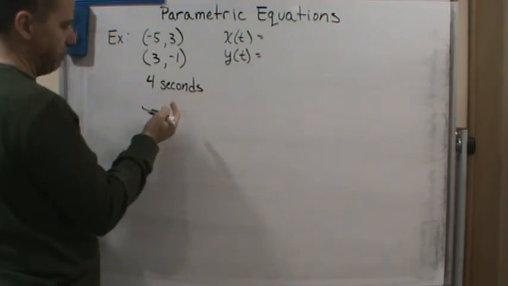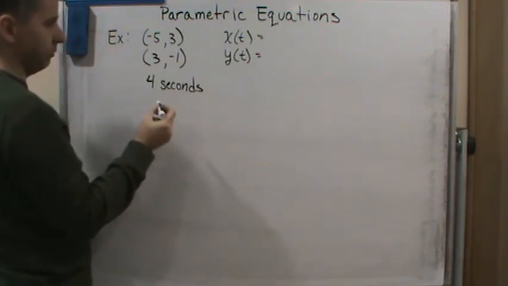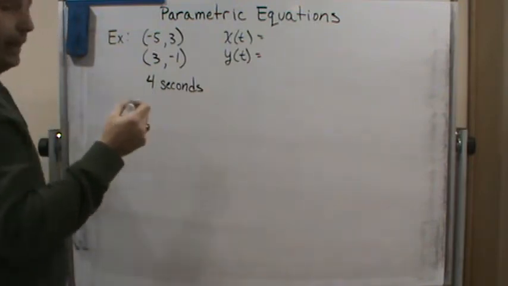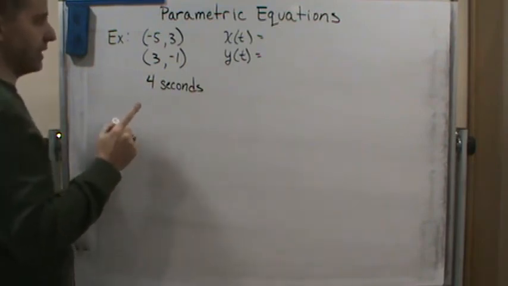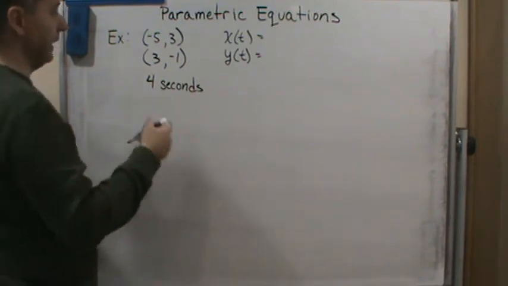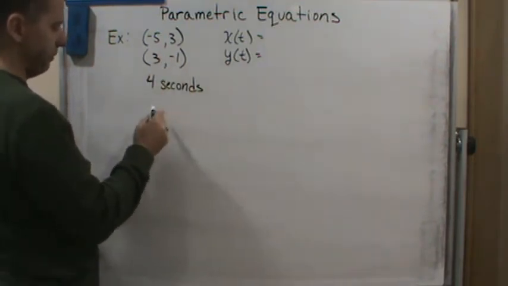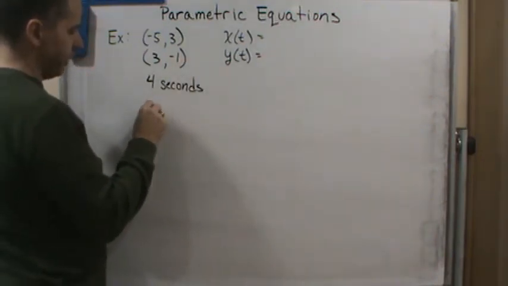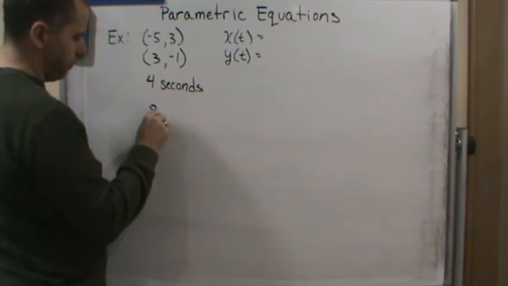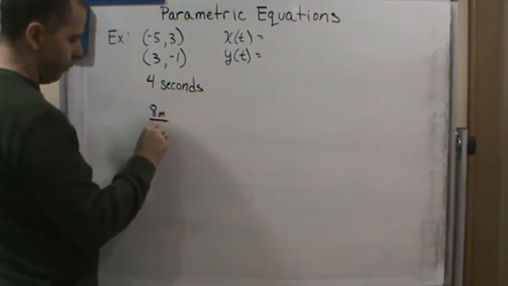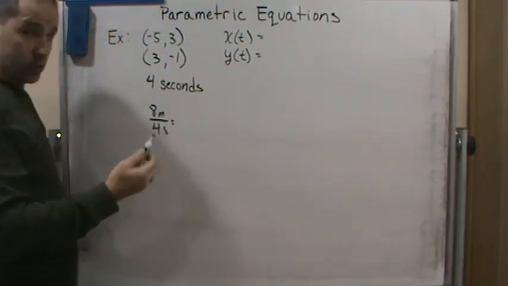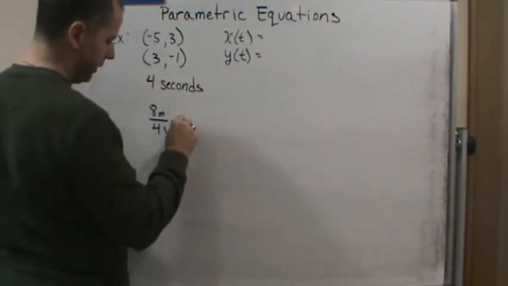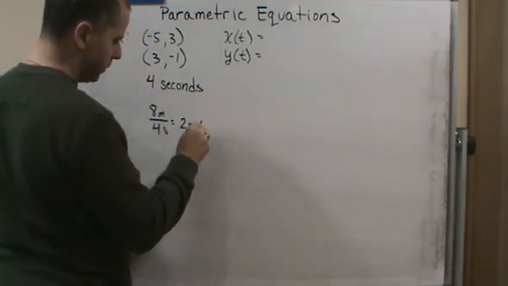It's going 8 meters in the x direction, and its starting point is -5. So it's going 8 meters in 4 seconds, so its rate of change is 2 meters per second.